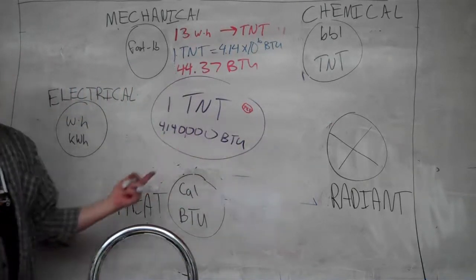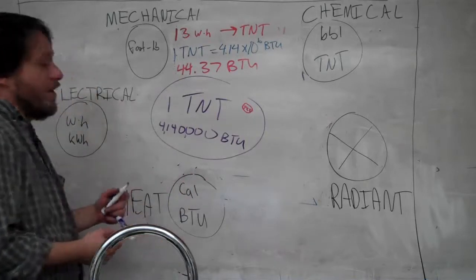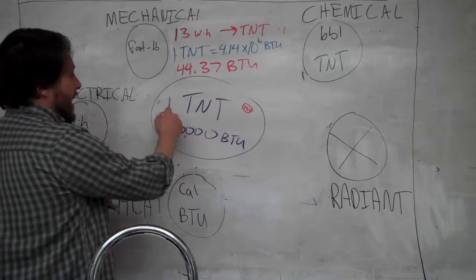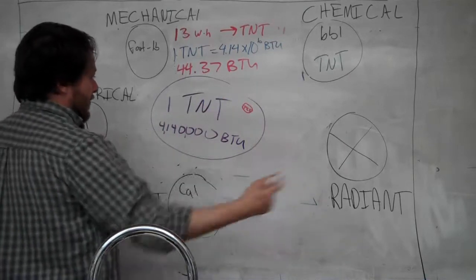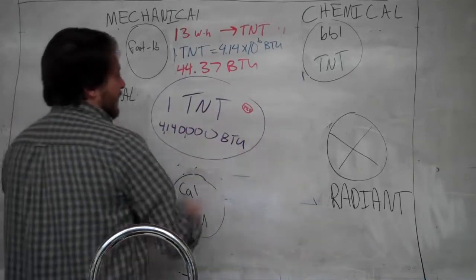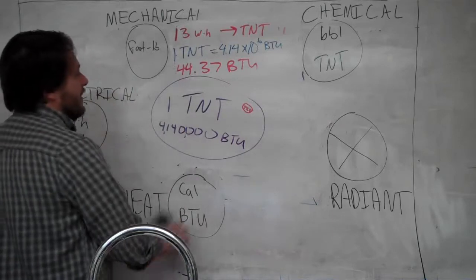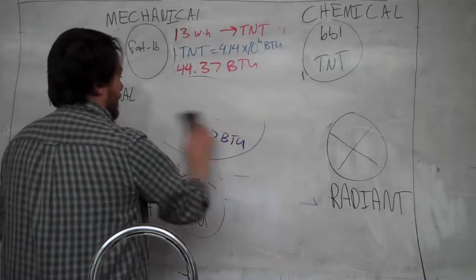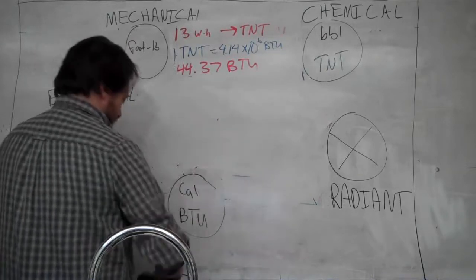We don't even have close to 1. And so instead of multiplying, if we had a bunch of TNTs, we divide. This is telling us that we need to actually divide this number in order to get our answer.